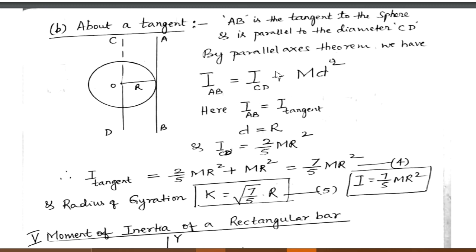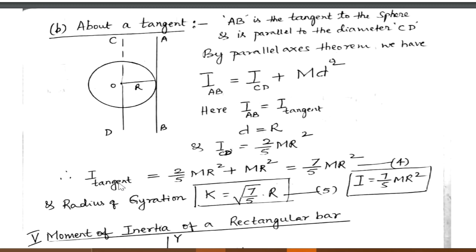Therefore, by the parallel axis theorem, we have moment of inertia about AB is equal to moment of inertia about CD, which is already derived in the previous case, plus m, mass of the sphere, into d square. So here I AB is I along the tangent, d is equal to R, and moment of inertia about CD is 2 by 5 mr square.